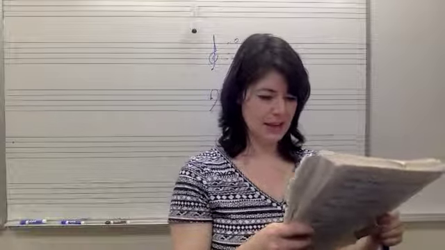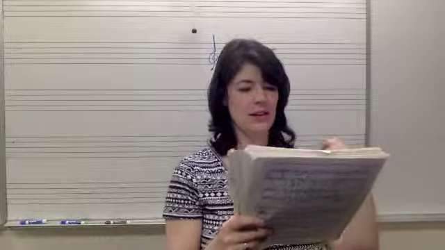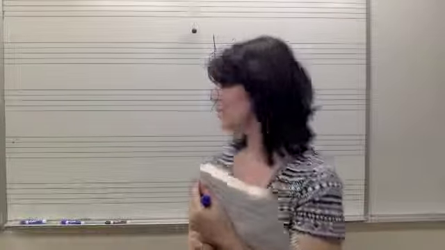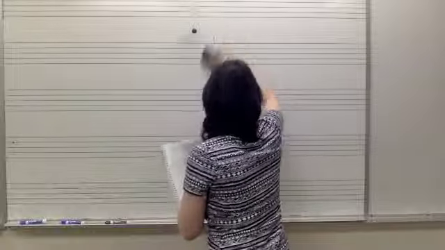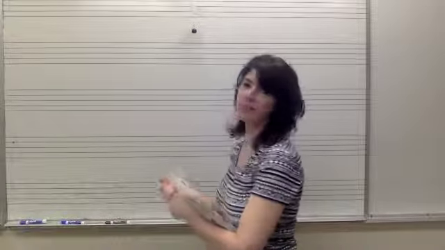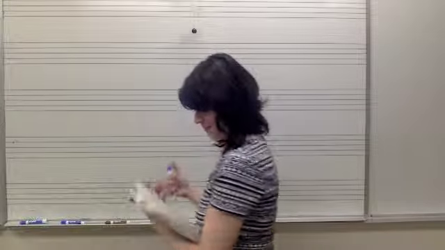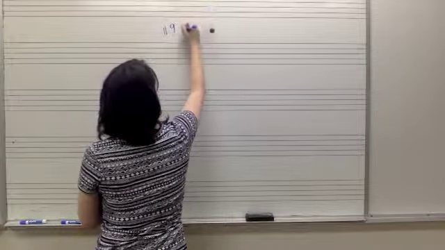So let's take a look at just the first part of number 1. All right, I don't want to do the whole thing because I'm going to be here all night if I do that, but we can at least get a little bit of it done. So this is 11.9, number 1.